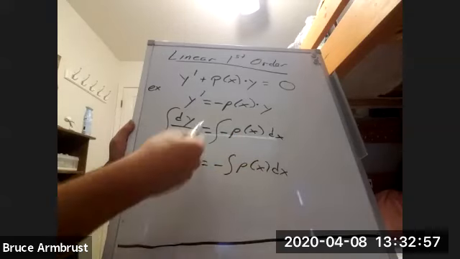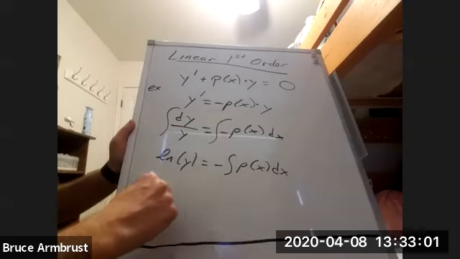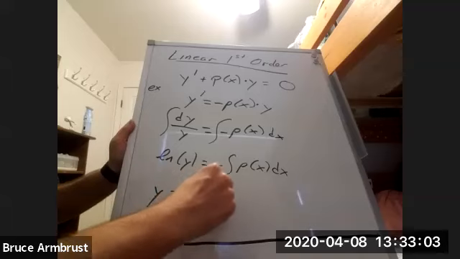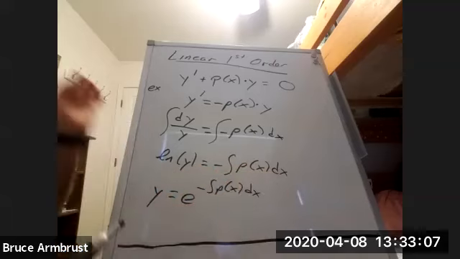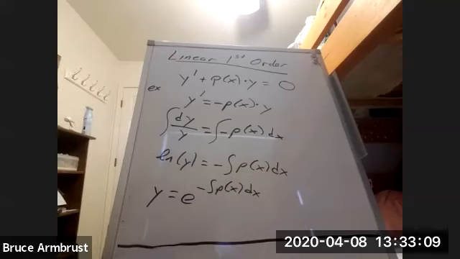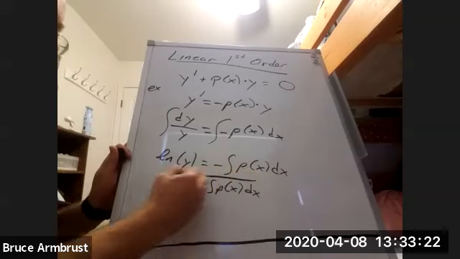And then if we convert to exponential form, we get y is equal to e to the negative integral of p of x. All right, so it turns out for any linear first order homogeneous, we've got it solved.